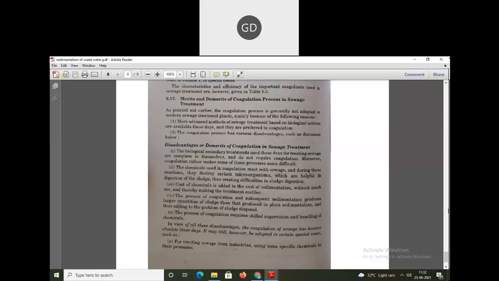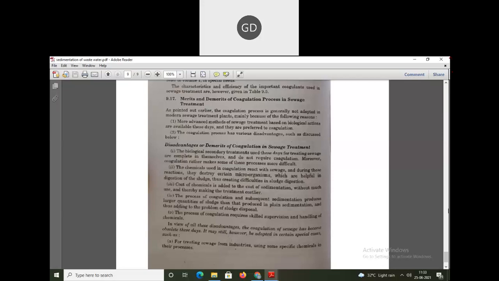Also, when you add coagulants, it should be under skilled supervision, and they should handle it properly, because you should have the knowledge of handling chemicals. That means that when you do the coagulation process, skilled labor will be required.